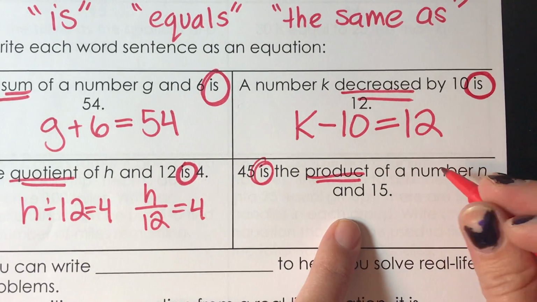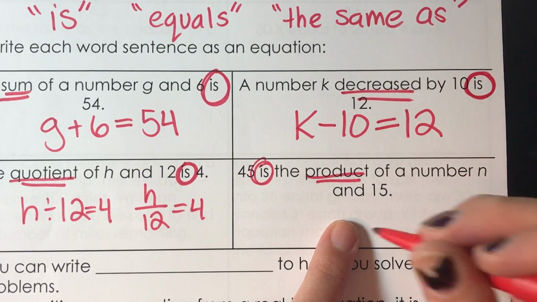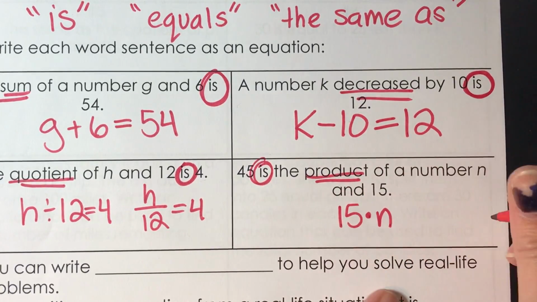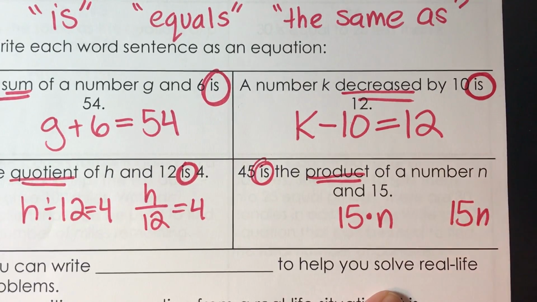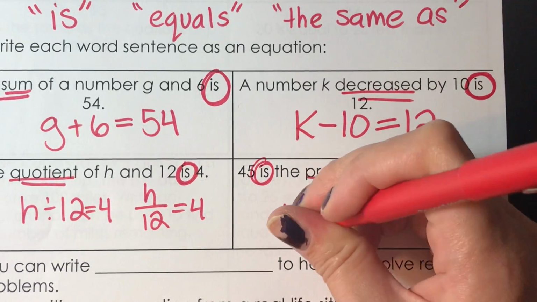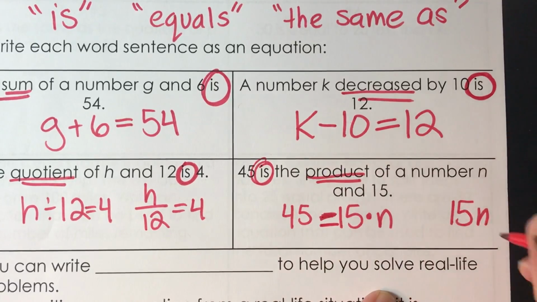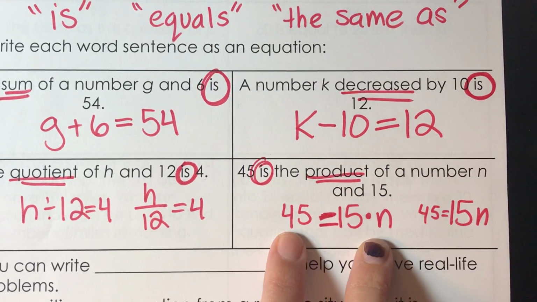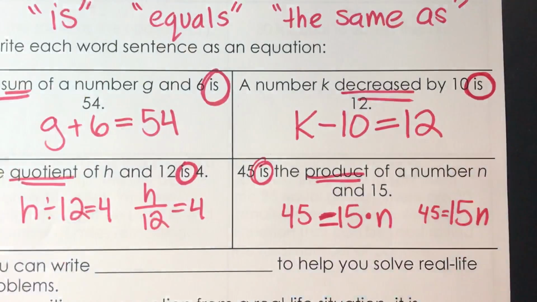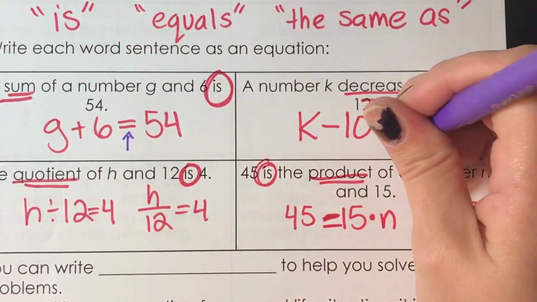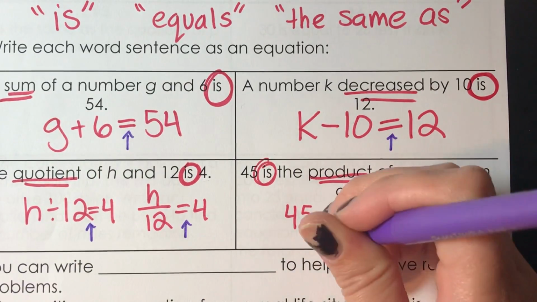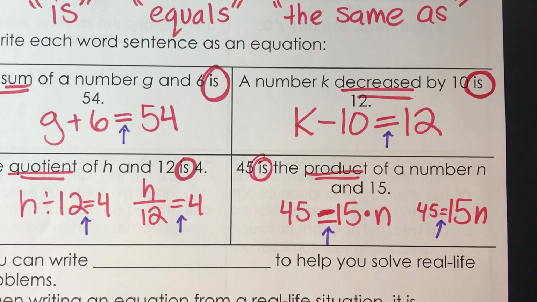So, a number n and 15, product means to times, so I could put 15 times n or 15n is 45. And it does not matter which order you put the equation because it's a balance. It's going to work either side. Anytime you see an equal sign, that is where the is comes from. That's what makes it an equation.